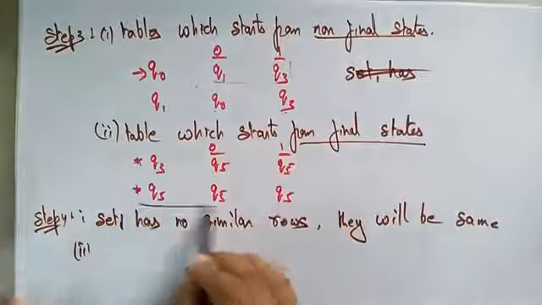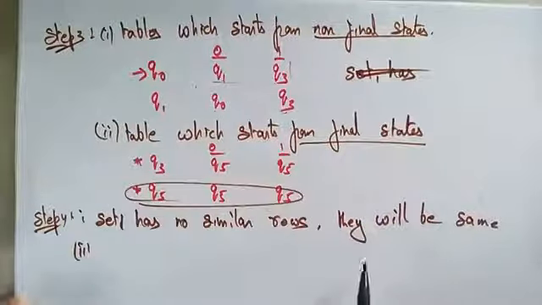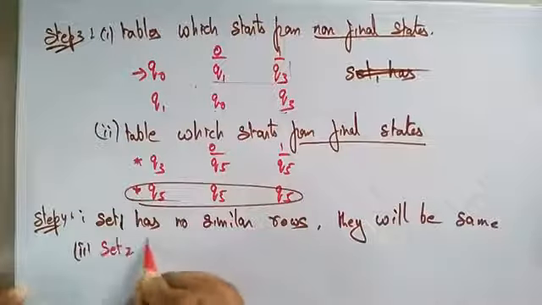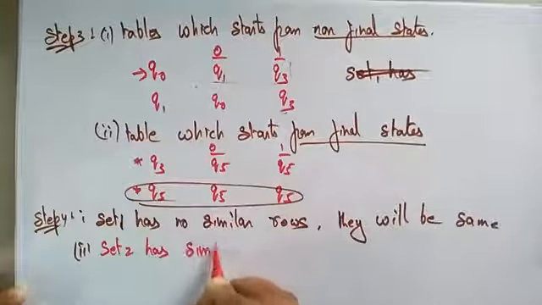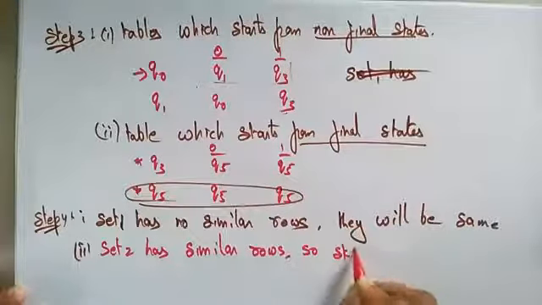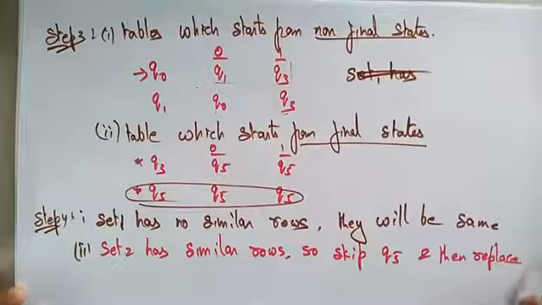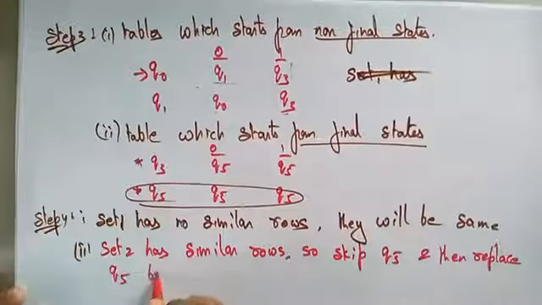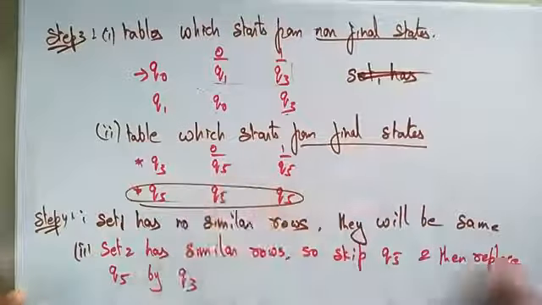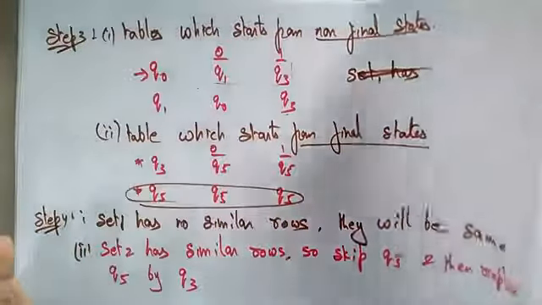So just skip the Q5 state, then replace Q5 by Q3 in the rest of the states. Okay. Set 2 has similar rows.